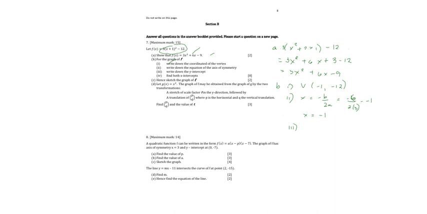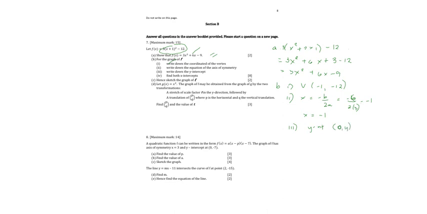For part 3, write down the y-intercept. The y-intercept is when your x equals 0. So we can use the general equation, or the first one, to find the y-intercept. That means you have a value for y.